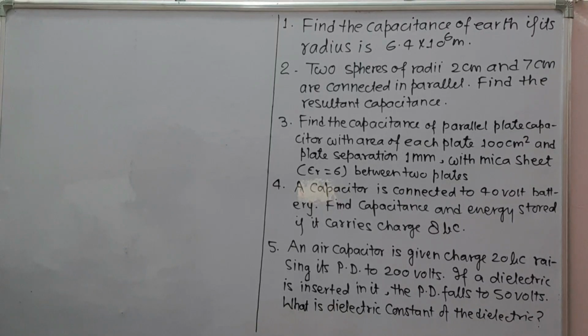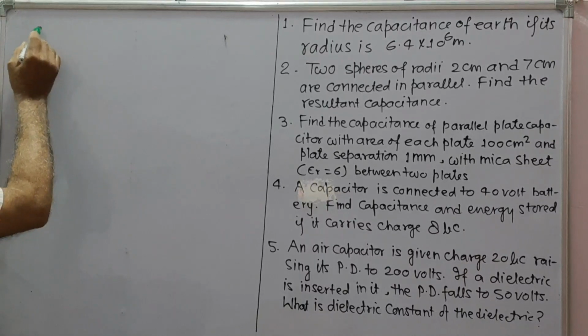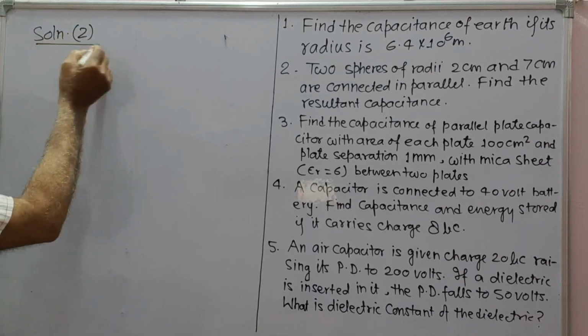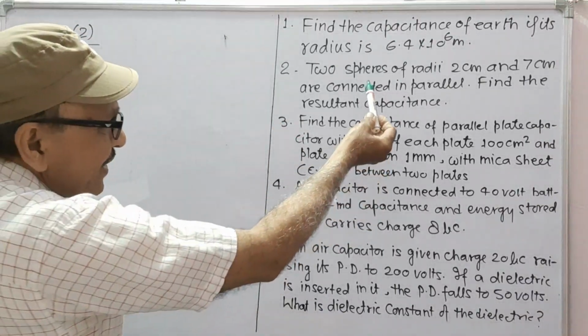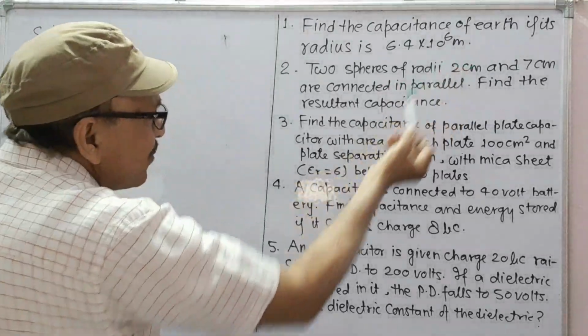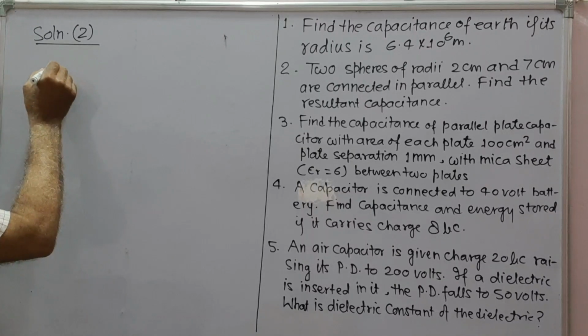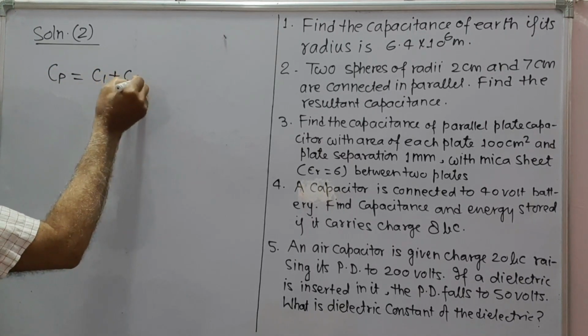Question number 2. Two spheres of radii 2 cm and 7 cm are connected in parallel. Find the resultant capacitance. Now, solution to question 2. If C1 and C2 be the capacitances of these two spheres, then in parallel, resultant capacitor is given by Cp is equal to C1 plus C2.